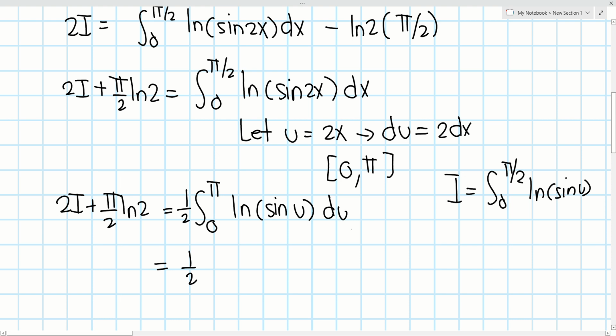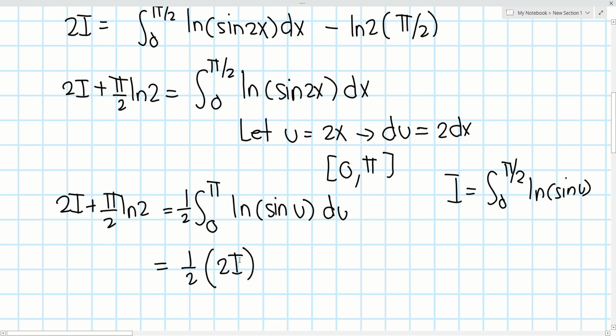Earlier, our I is from 0 to pi over 2 of ln sine of u, and we know that sine is symmetric around pi over 2. The area is symmetric. Therefore we can conclude that this whole thing is basically 2I.